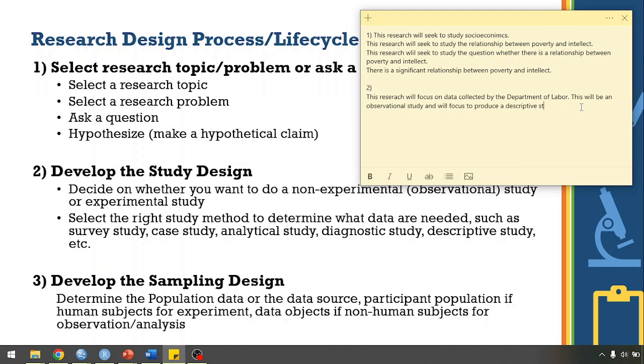So again, the second step is where you develop the study design.